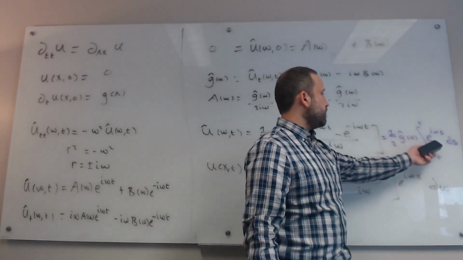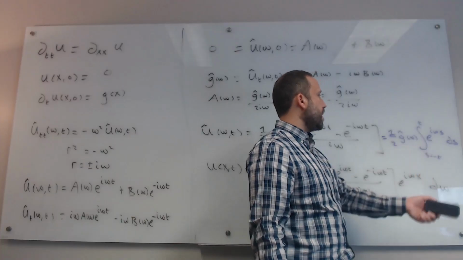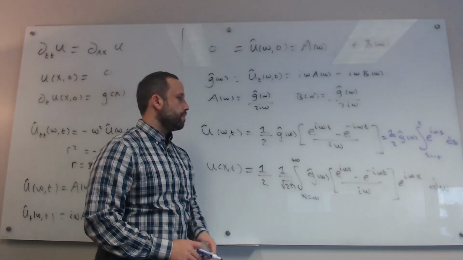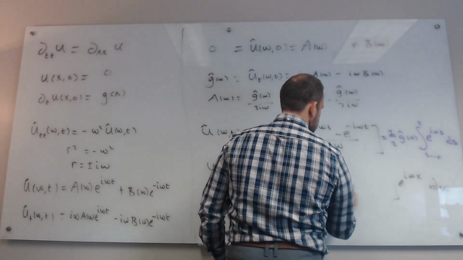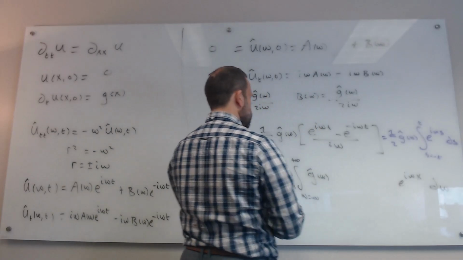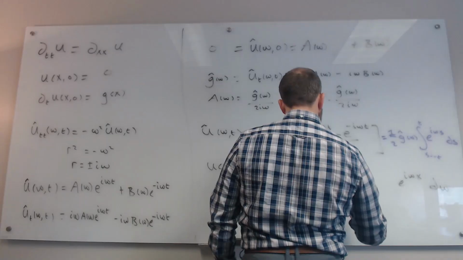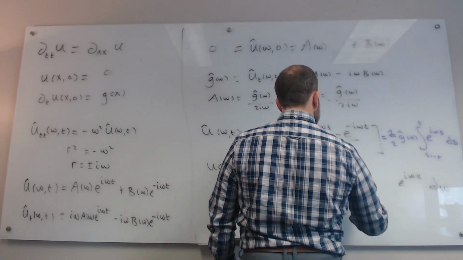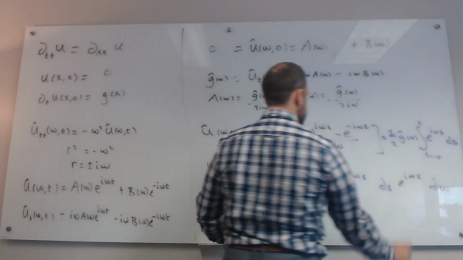The antiderivative here is e to the i omega s over i omega, and we're evaluating it from minus t to t, which is exactly what we have here. So what I can do then is replace this bracketed part right here with this integral, the integral s going from minus t to t of e to the i omega s ds.